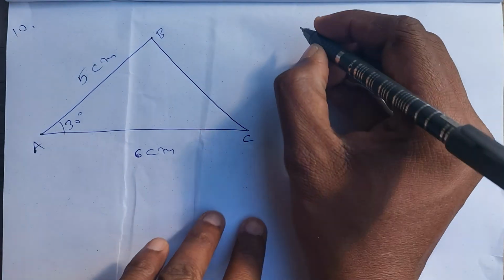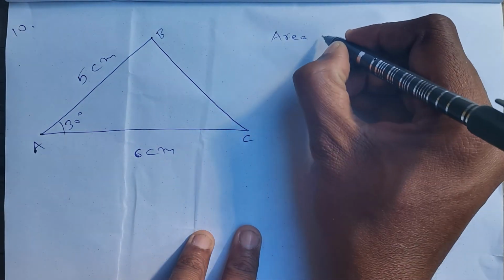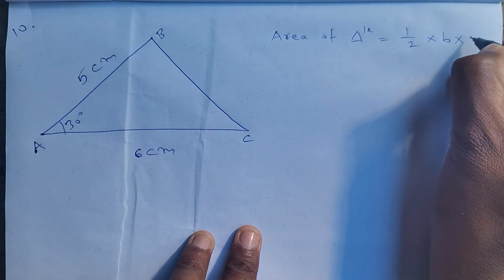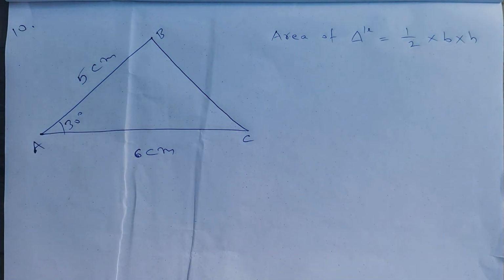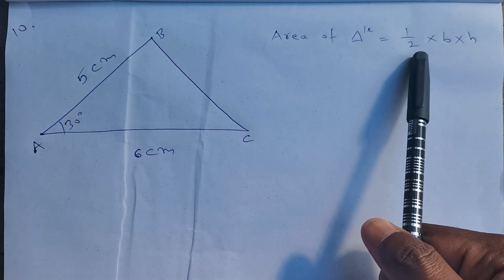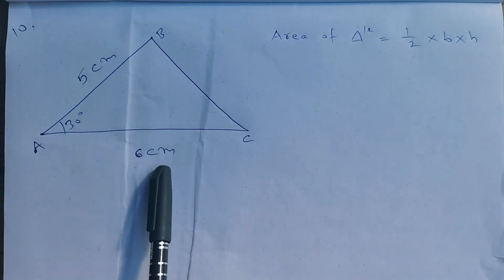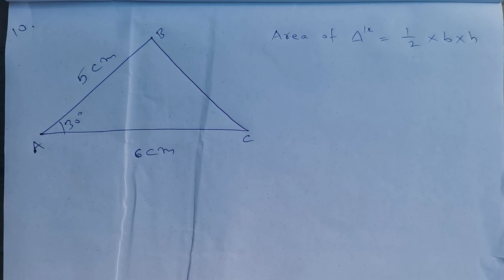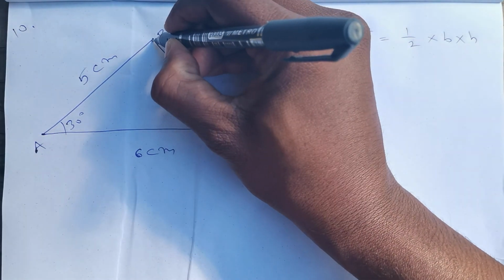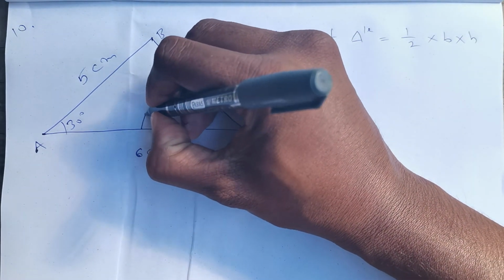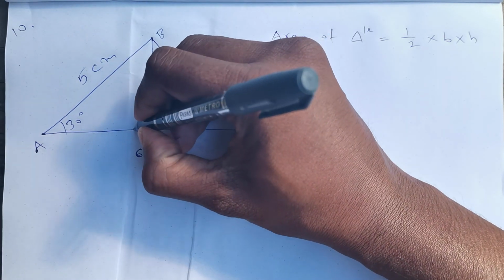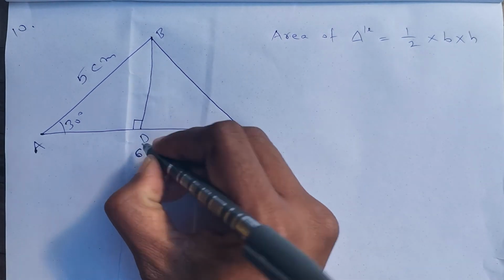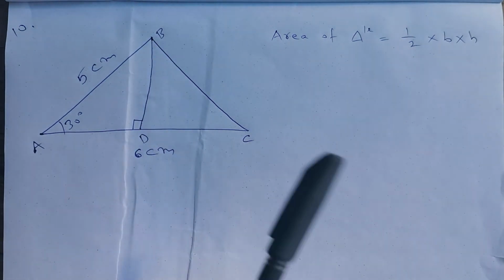So already we know the formula, area of triangle is equal to half into base into height. So half is directly known. Base, this base is AC, that is 6 centimeters. Then what about the height of this triangle? So from the vertex, if we draw one perpendicular line, that will make the height of the triangle. So I'll mark a point D. So this BD value we need to find out.